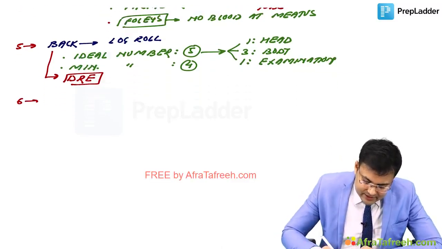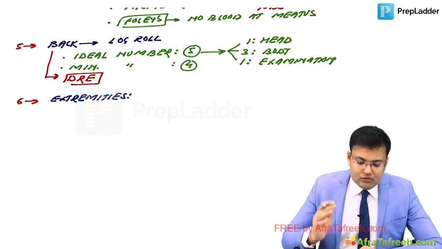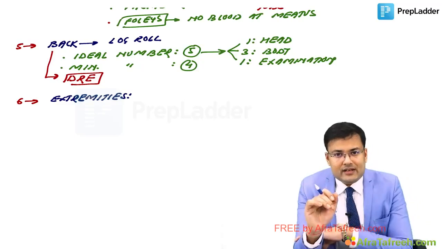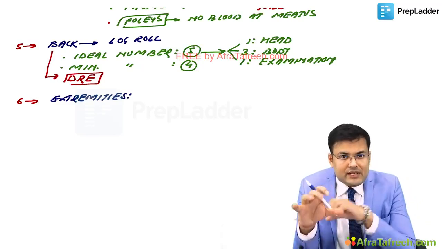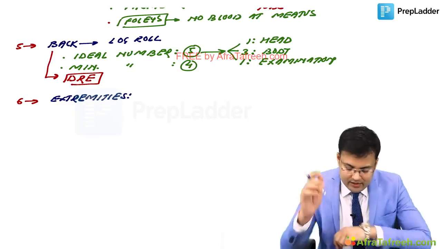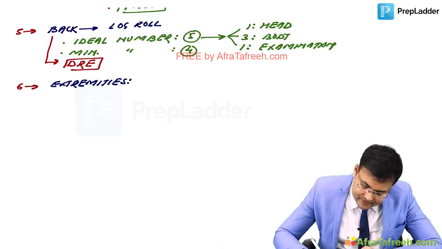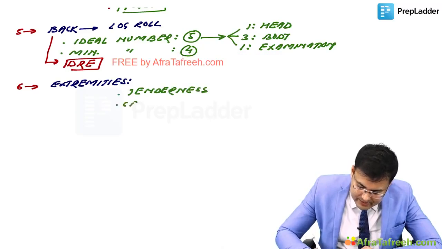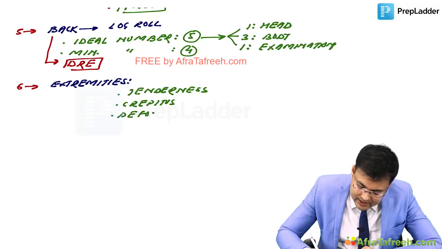Now the step 6. Here we are going to examine the extremities. What we want to look for in extremities is to rule out a fracture. To rule out fractures, we look for tenderness, crepitus, deformity, and abnormal movement.